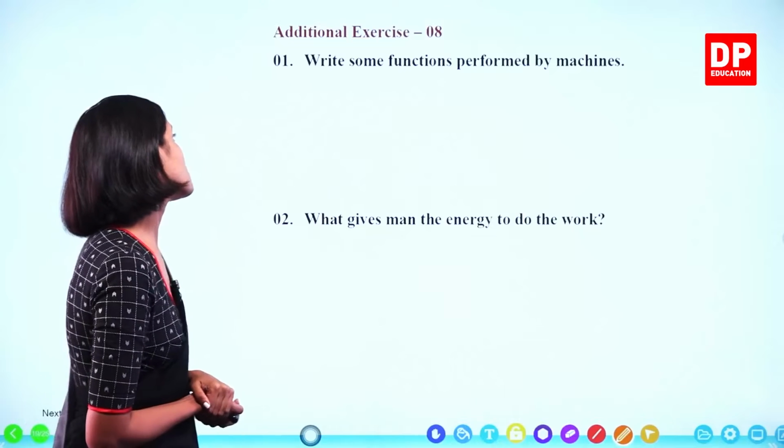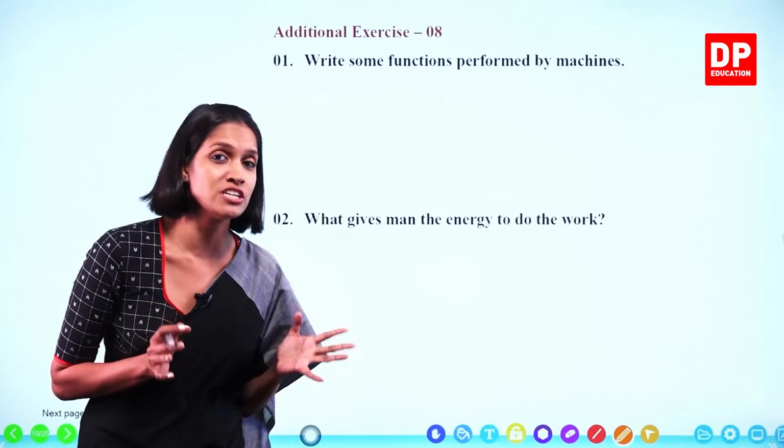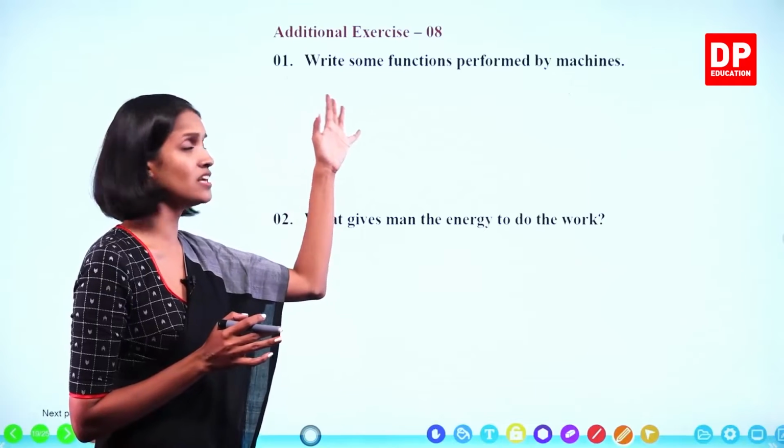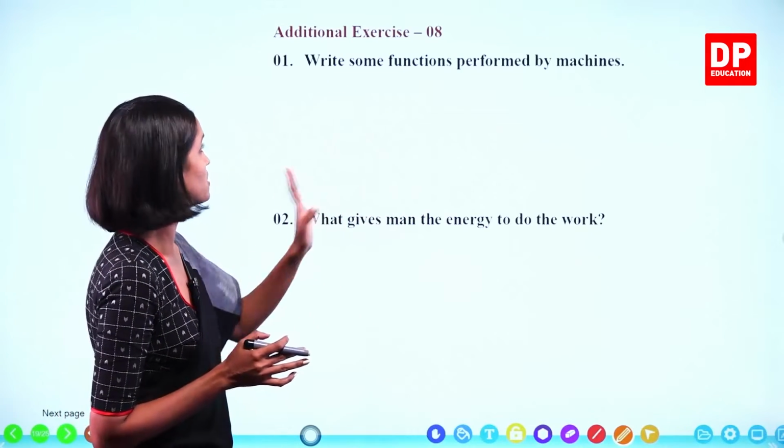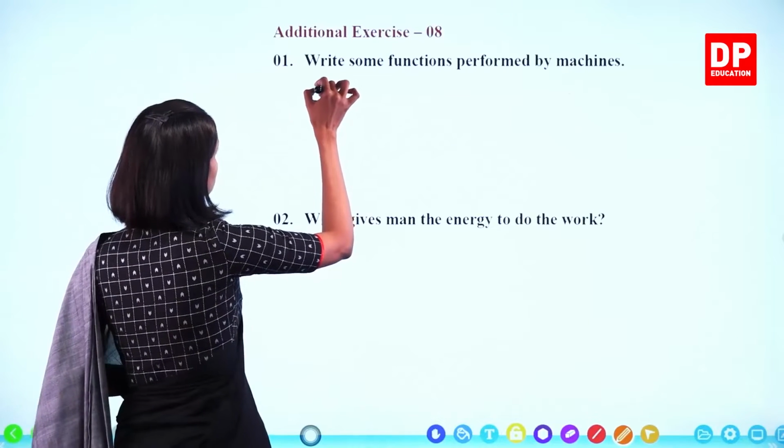Right. Write some functions performed by machines. So many machines we use in our day-to-day lives. You can write any function of different machines. We will write some of them. Right.